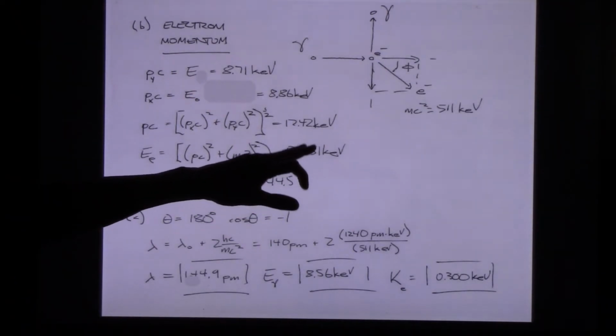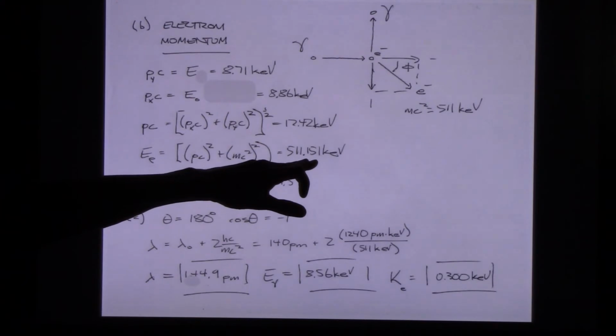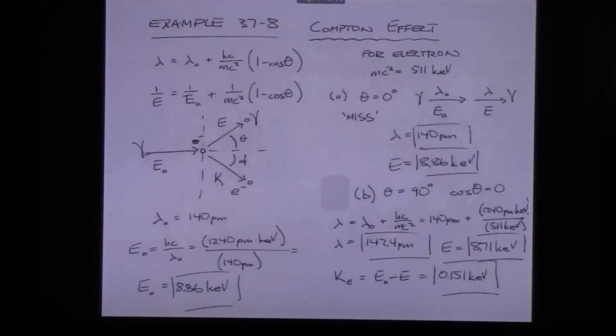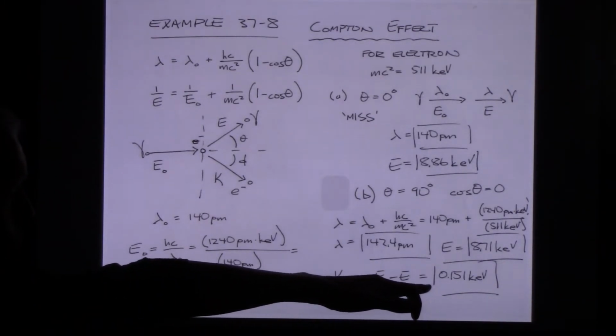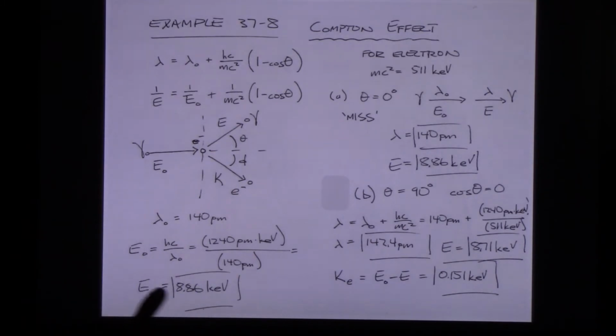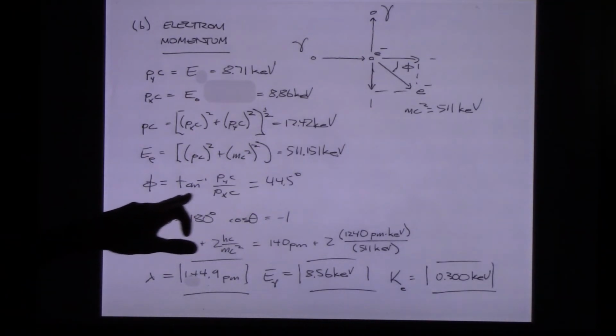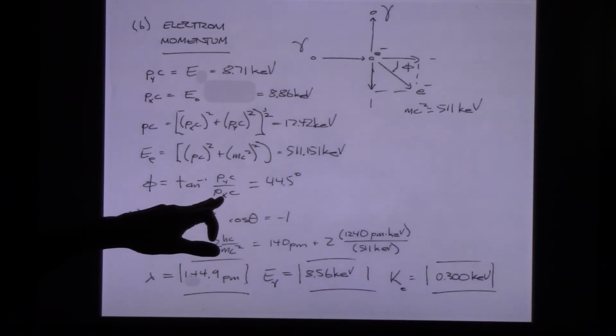And so that extra little piece tacked onto 511 is the kinetic energy from the problem before when we solved it. So that checks out. That's two different ways we calculated that, and we're getting the same number. Now, as far as the angle, we can get it by taking the y component over the x.